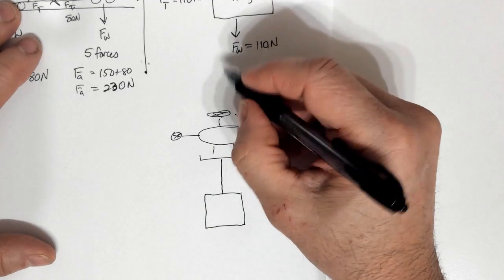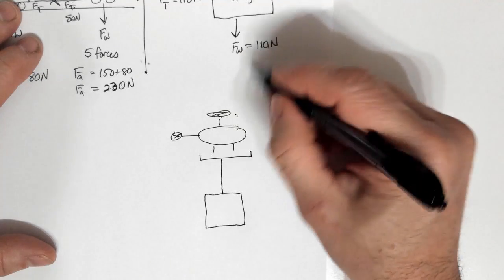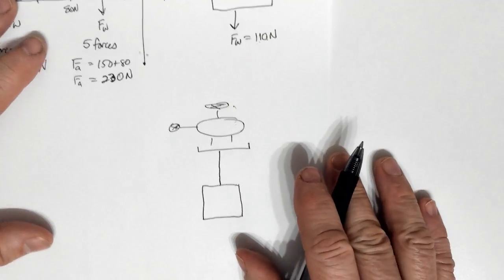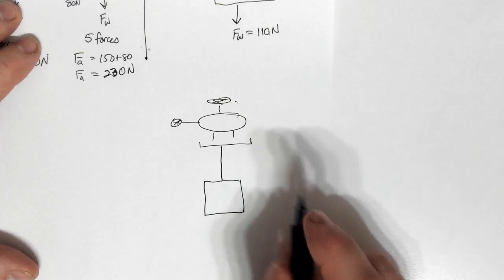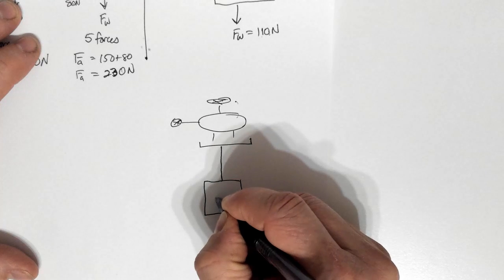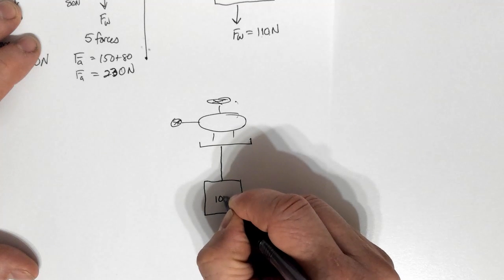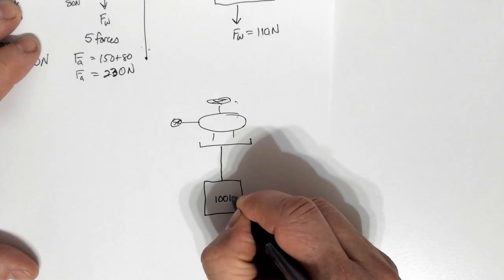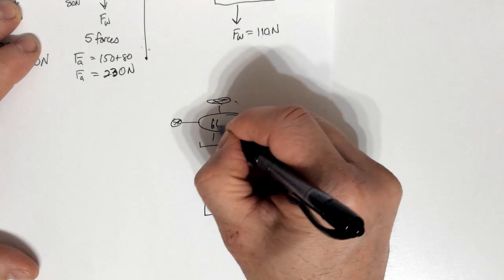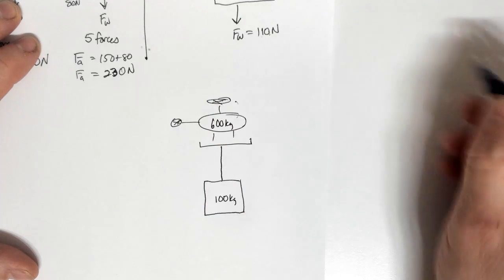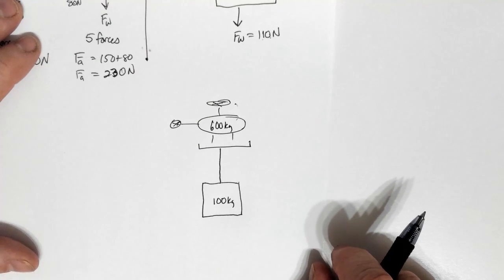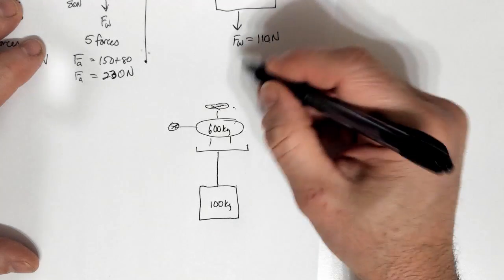And let's say that it is accelerating upward, okay, but we'll get to that in a minute. So let's figure out all the information. Let's say this is a 100 kilogram box. This is a 600 kilogram helicopter, okay? And let's figure out some information.